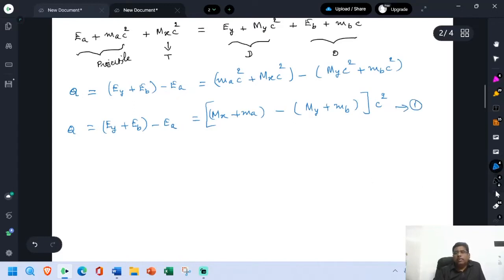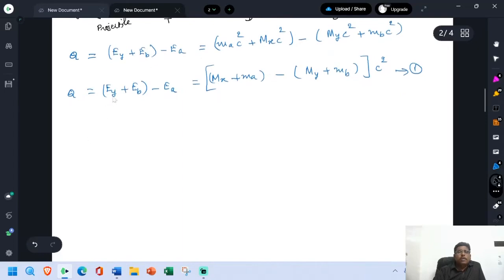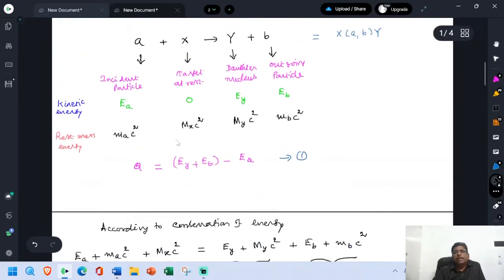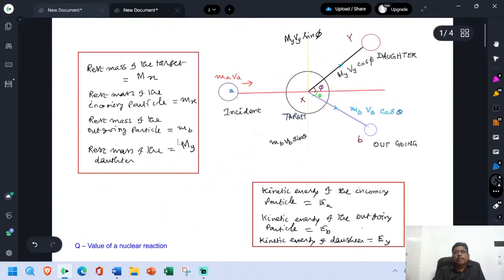Now we have to find out the value of EY. For that, consider this diagram. X is the target. The incoming particle A is moving along the x direction with a momentum mAvA.